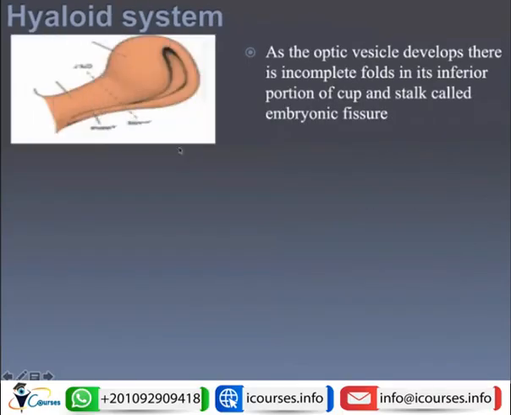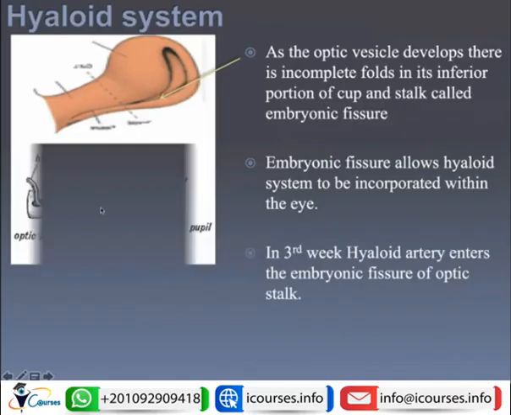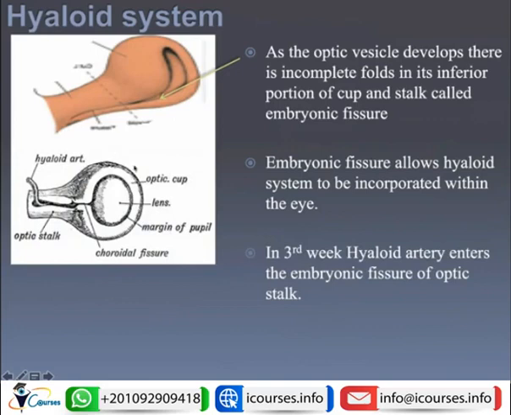So again, here is the hyaloid system. The artery will enter inside the optic stalk from the embryonic fissure, which is a fissure present at the inferior nasal part of the optic stalk. This is like an incomplete fold. So if we have a cross section here, we can see this is the optic cup, and this is the embryonic fissure.